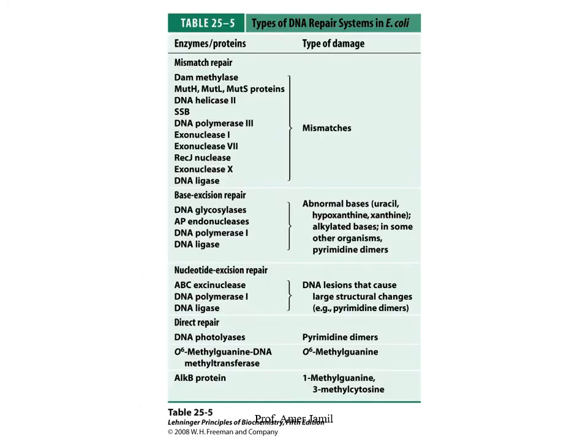So now comes the third, which is nucleotide excision repair, and you can see how many different proteins are involved: ABC exonuclease, DNA polymerase 1, and DNA ligase. This nucleotide excision repair is required for larger DNA structural changes like DNA lesions when they are produced.